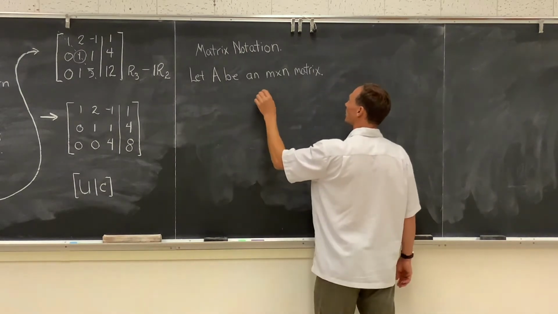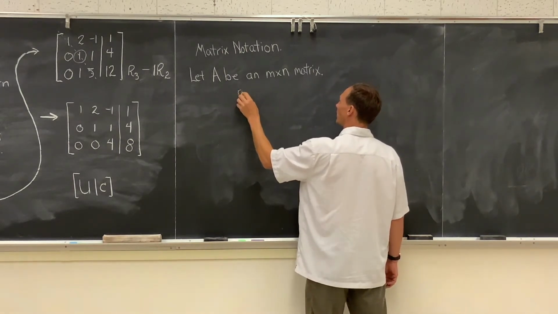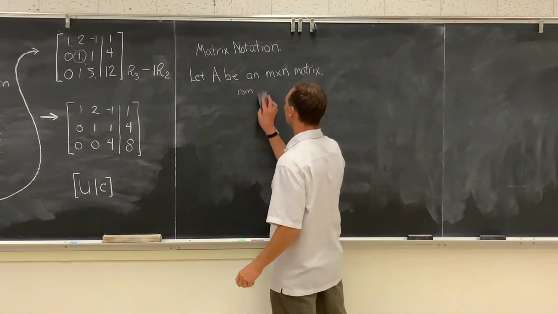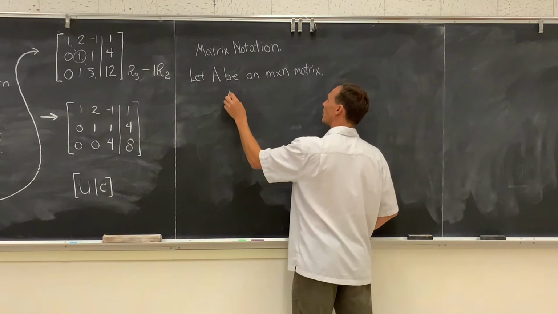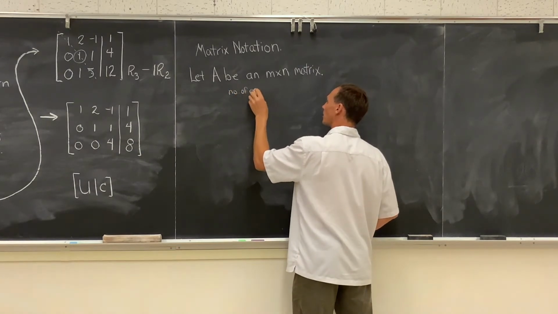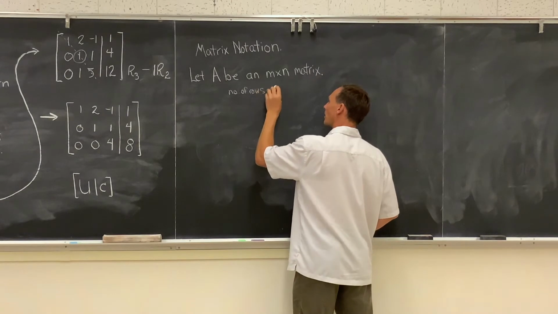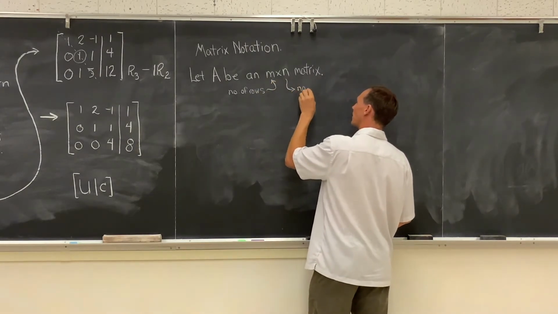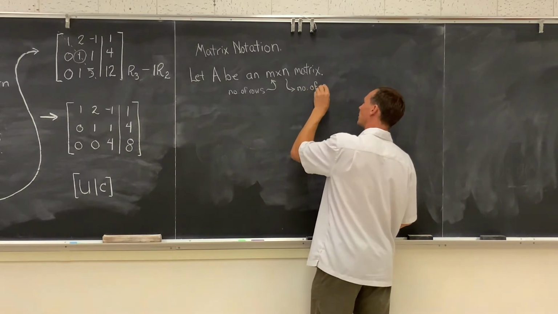This first letter here, M, is the number of rows, and the N is the number of columns.